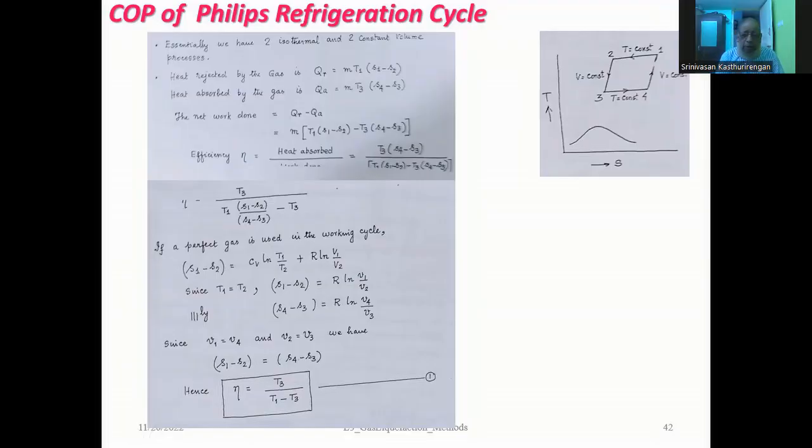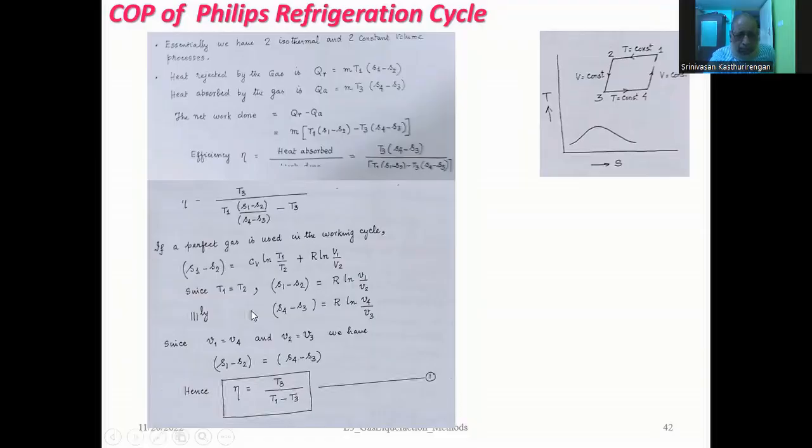Now let's assume that you are going to use ideal gas as the fluid in the cycle. If you are using ideal gas, S1 minus S2 can be written in terms of the expression for ideal gas, that is Cv into ln T1 by T2 plus R into ln V1 by V2.